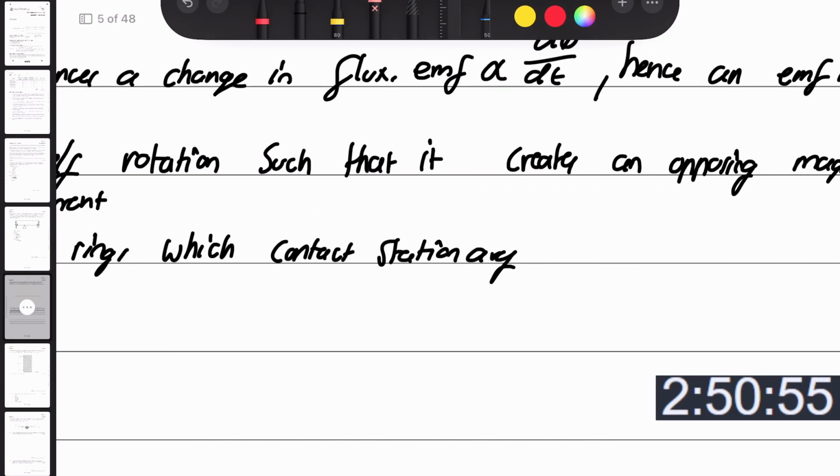Every half rotation. So let's see. The left hand side is coming up, so there's more flux through it. Here there's going to be less flux through it. This is when I swap.